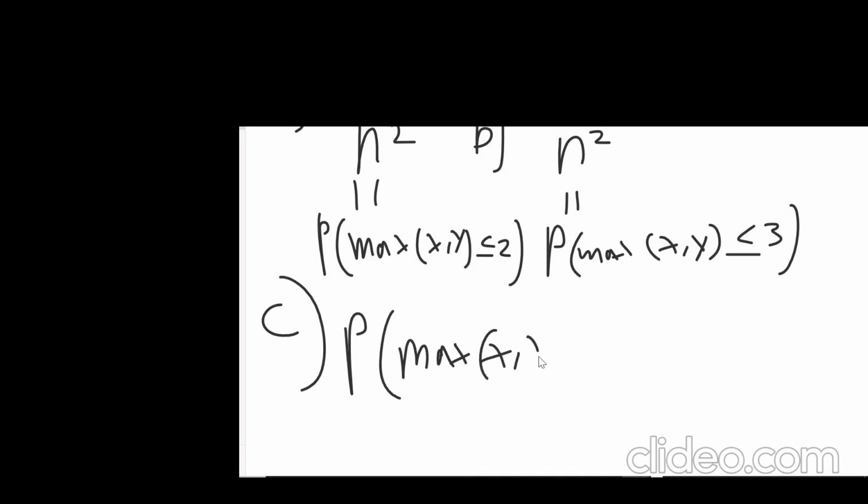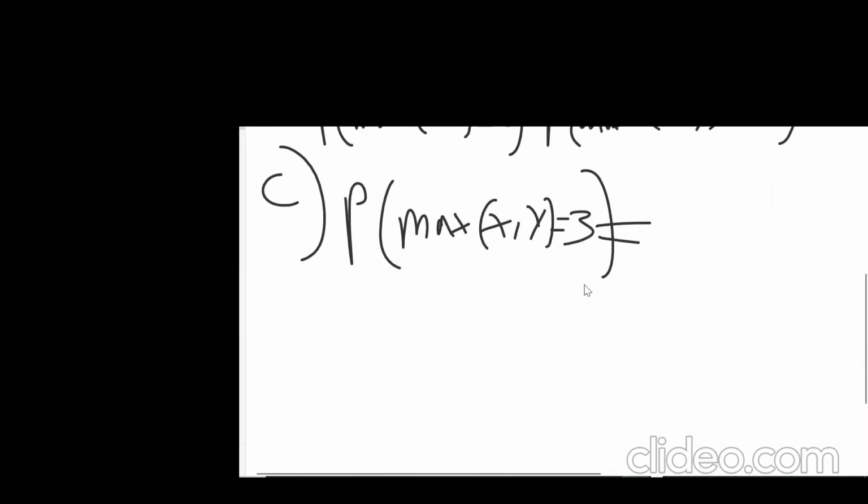So we'll write our answer as C: P of max(x,y) equal to 3 is equal to 5 over n squared, and again n squared because we have n squared total squares within our grid.